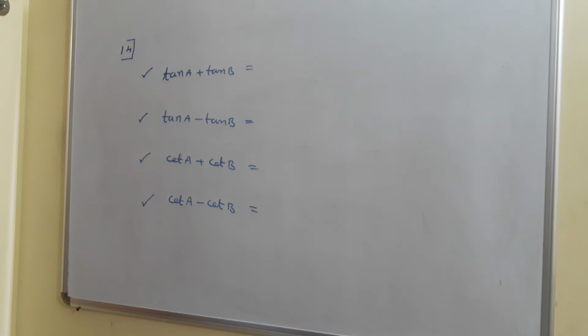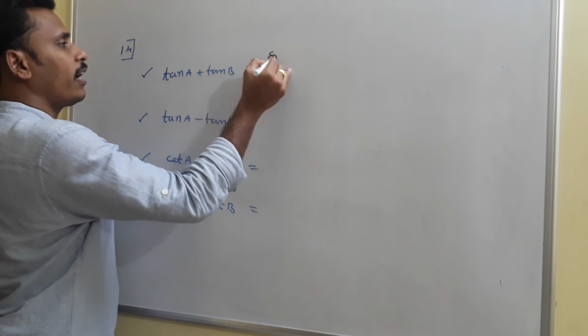Yeah, the first one is tan A plus tan B. So simplification, in the sense I can rewrite it in terms of sine.